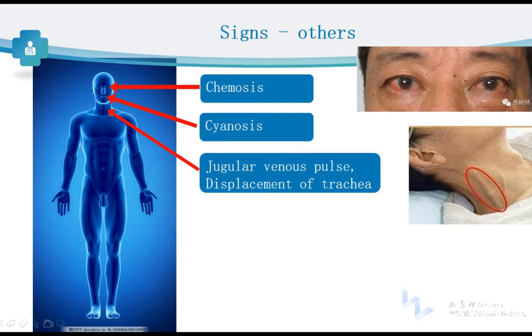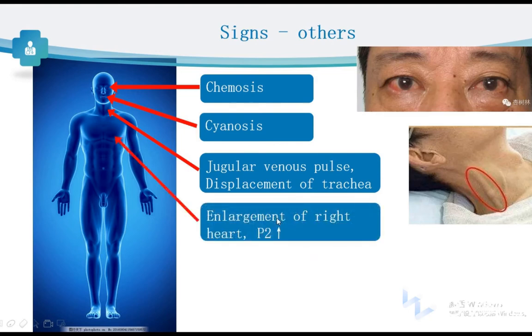About the neck, we usually can find the expansion of the jugular vein caused by cor pulmonale. And sometimes, if we find the displacement of the trachea, we can suspect pneumothorax with COPD. About the heart, maybe we can find the enlargement of the right heart and increasing of the sound in the pulmonary valve area, which is caused by cor pulmonale.